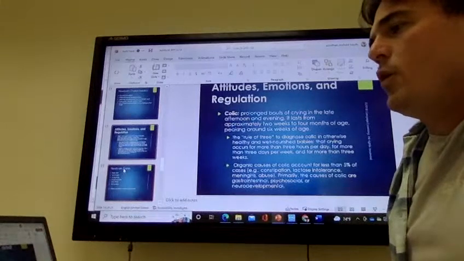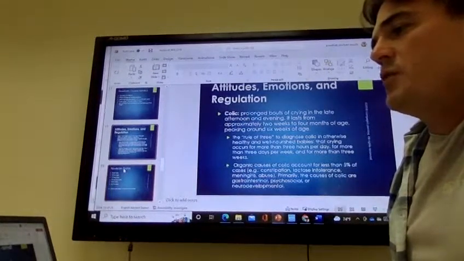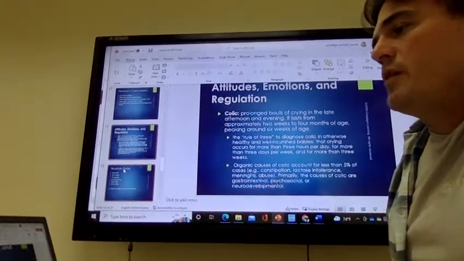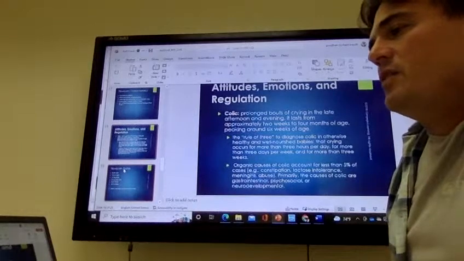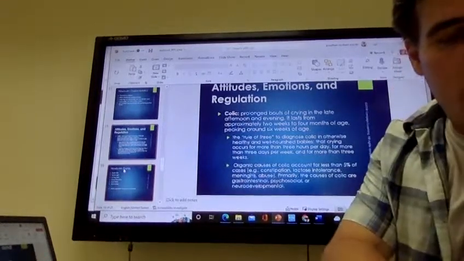So otherwise healthy and well-nourished babies, that crying occurs for more than 3 hours per day, for more than 3 days per week, and for more than 3 weeks. Some of the organic causes of colic, for less than 5% of the cases, it could be constipation. It could also be lactose intolerance.